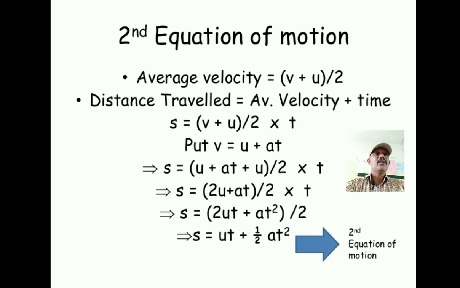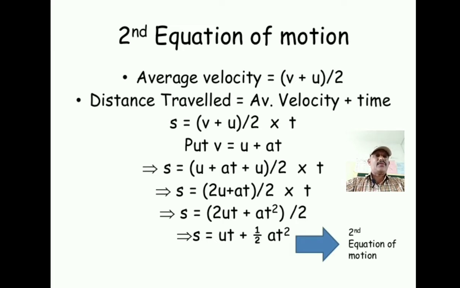Average velocity is equal to (v + u)/2. Distance travelled is equal to average velocity into time. Therefore we write symbolically s = ((v + u)/2) × t. It is the equation of average velocity into time.